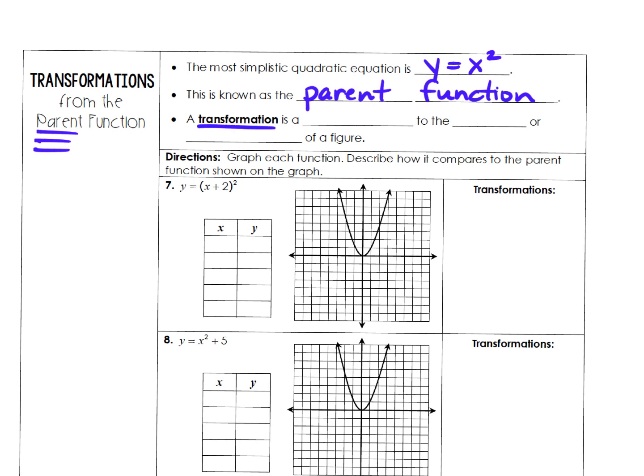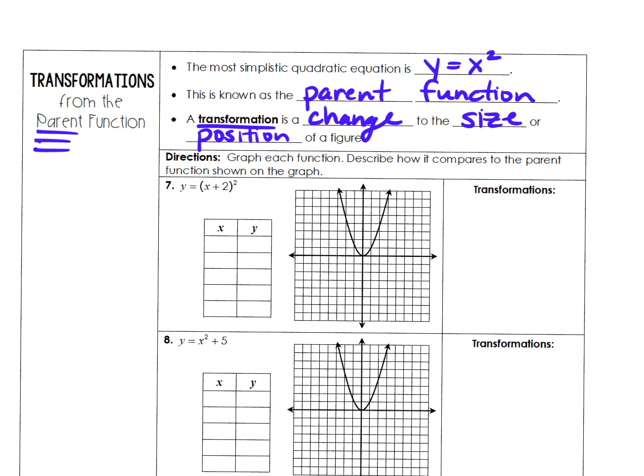A transformation is going to be a change to the size or the position of your quadratic. So it's either going to change in size, as in it's going to broaden or narrow, or it's going to shift to a whole new place. Okay.